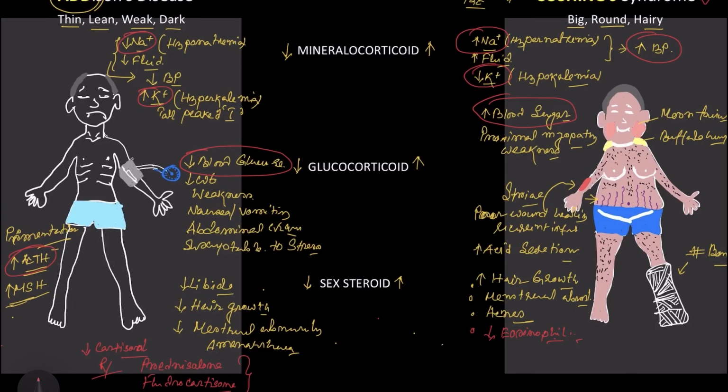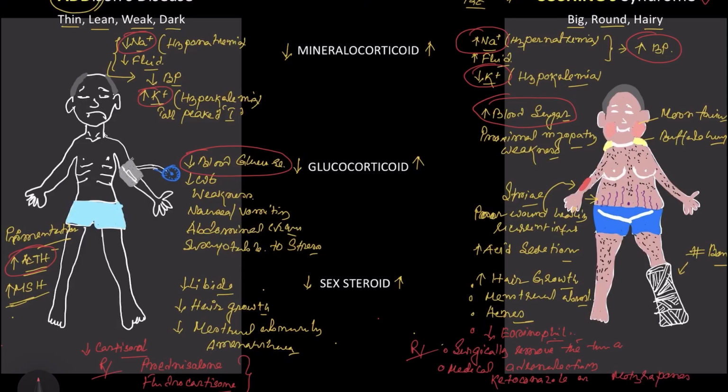Coming to the treatment of Cushing syndrome. Depending upon the pathophysiology or the cause of the Cushing syndrome, you can surgically remove the tumor, like the pituitary adenoma or the adrenal adenoma. If you can't excise that tumor surgically, you can do a medical adrenalectomy, in which we give a high dose of ketoconazole or metyrapone.